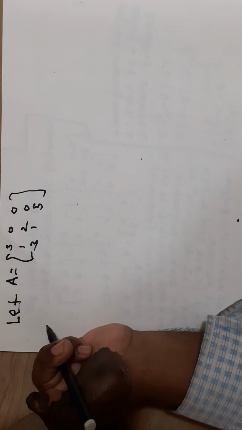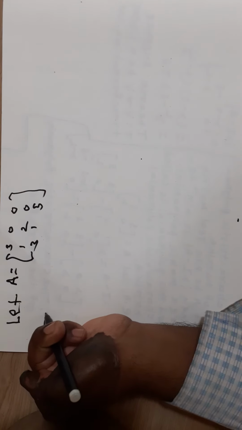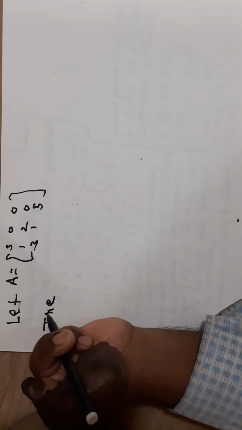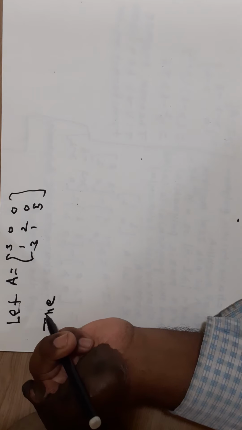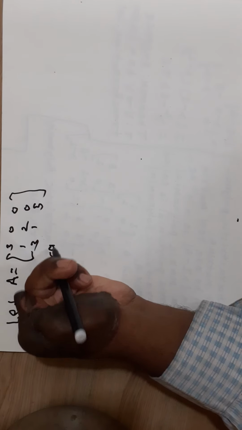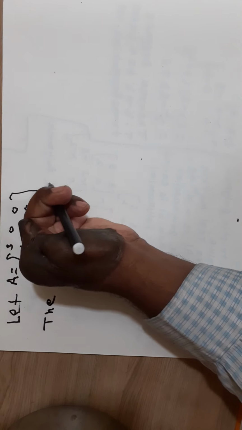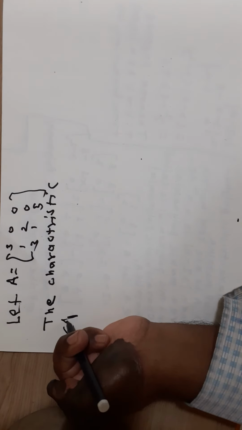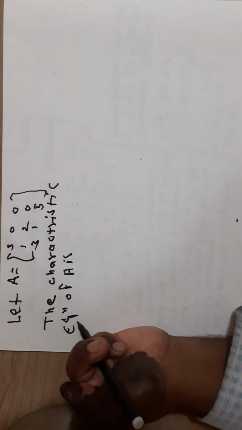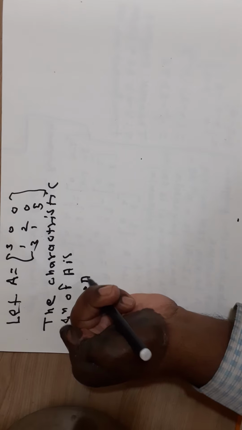Now let us find the characteristic polynomial of the matrix A. We know what the characteristic polynomial is. The characteristic equation of A is the determinant of lambda I minus A equal to 0.